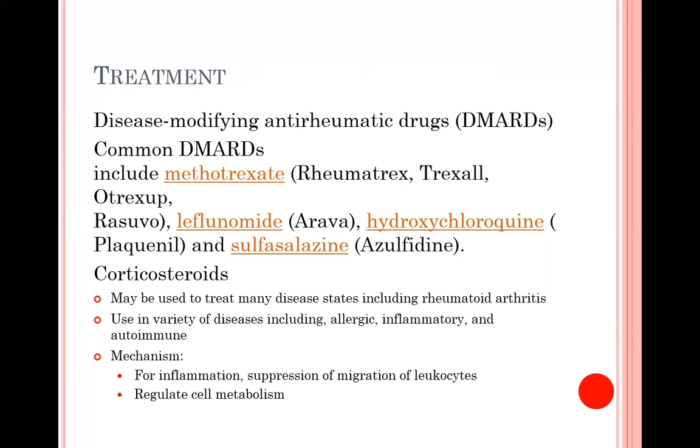There's over 100 autoimmune diseases, many different ones. These drugs not only relieve symptoms, but also slow the progression of joint damage. Often doctors prescribe DMARDs along with nonsteroidal anti-inflammatory drugs, or NSAIDs, or a low-dose corticosteroid to lower swelling and pain.